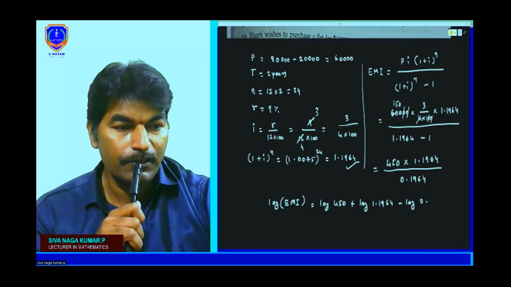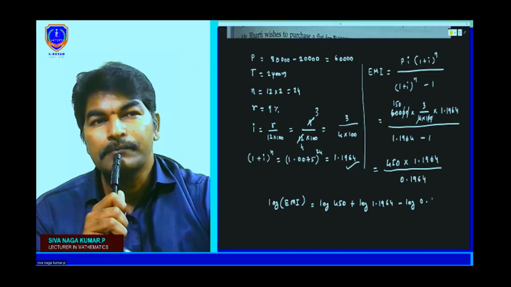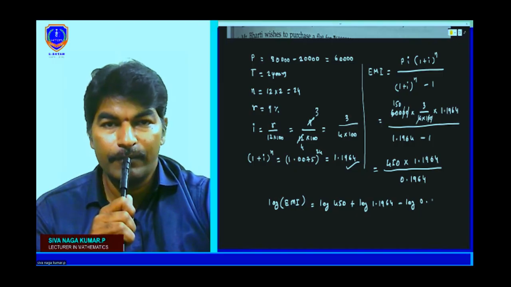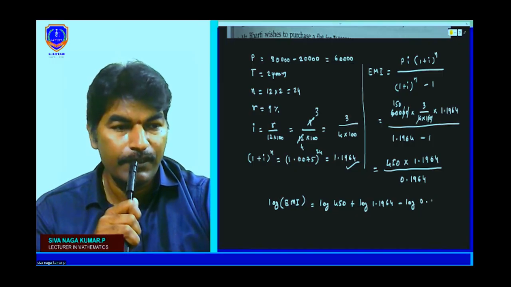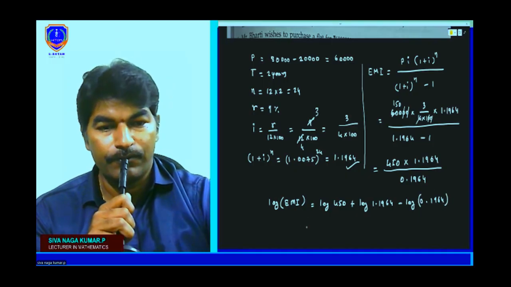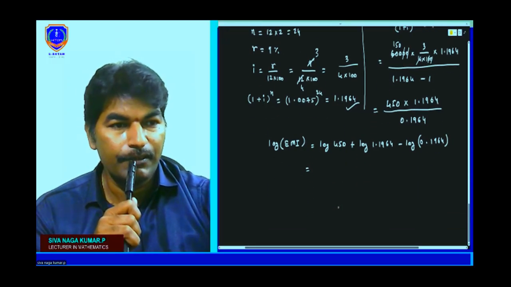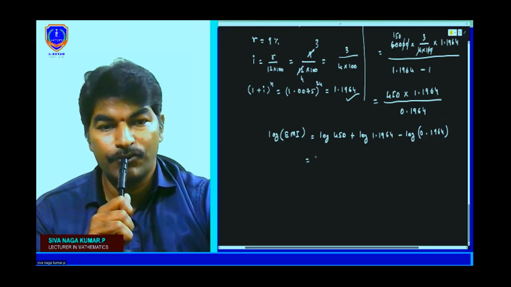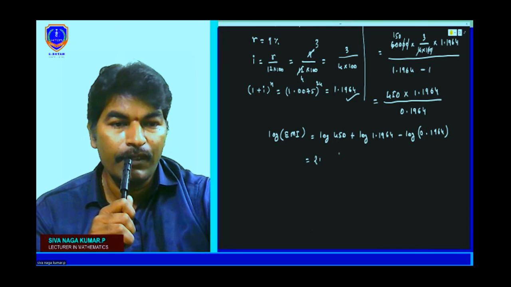The integer part will be negative, and the decimal part will be positive. Remember this thing. Okay, I will show you now. 450 is a 3-digit number, so you should write 2 point.